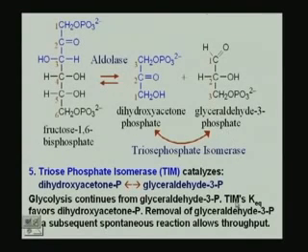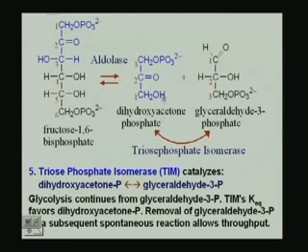Now, the equilibrium constant. What is the triose phosphate isomerase isomerizing? It is converting dihydroxyacetone phosphate to glyceraldehyde 3-phosphate, so this is an isomerization reaction. The equilibrium constant is such that it favors dihydroxyacetone phosphate.